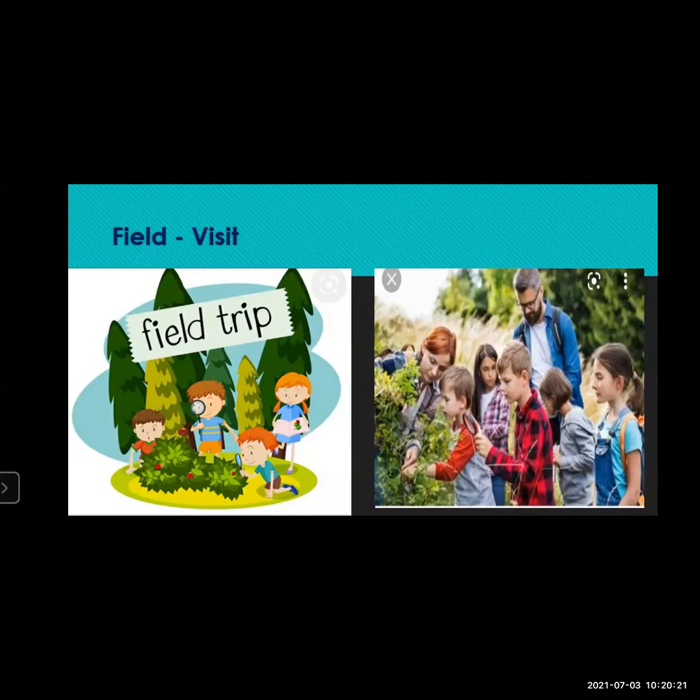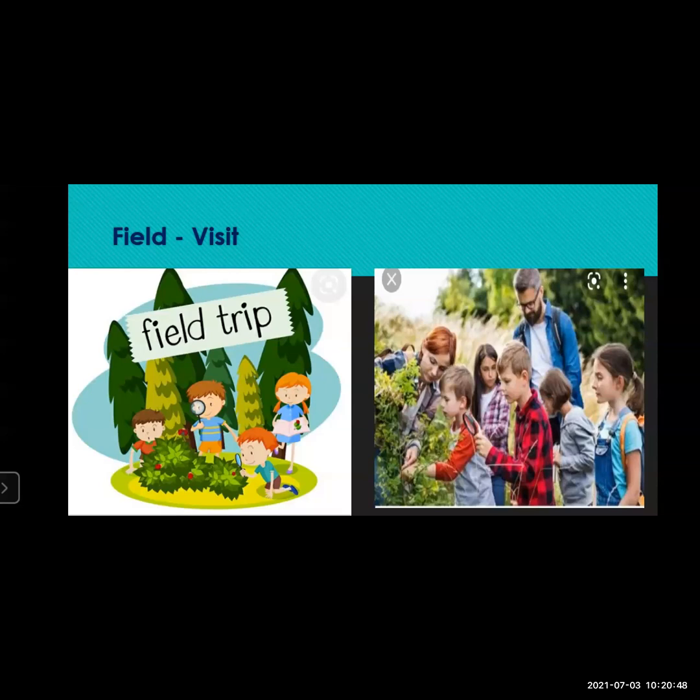For example, we see the drawings in the books and we forget. But if you go to one particular place, for example, if you have visited any sport, then you will never forget it for your lifetime. This happens in the same way in the field visit. You get to learn more and you will never forget it, compared to learning from the textbooks.